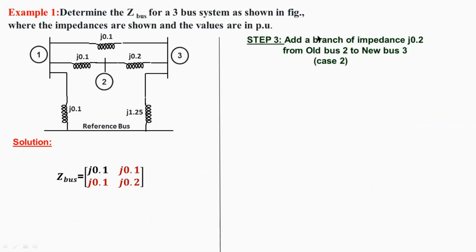That is, add a branch of impedance j0.2 from old bus 2 to new bus 3. Bus 2 is called the old bus in step number 3 because it already exists from step number 2. Bus number 3 is newly introduced.